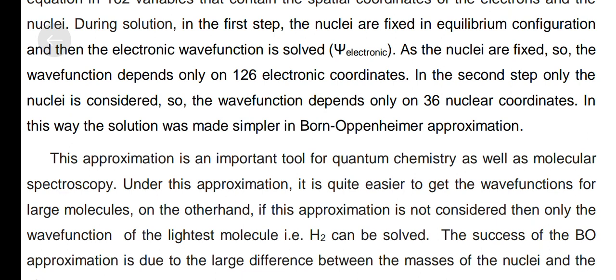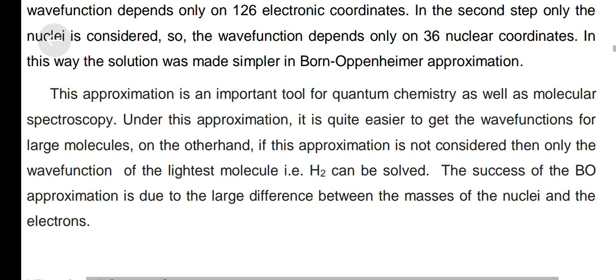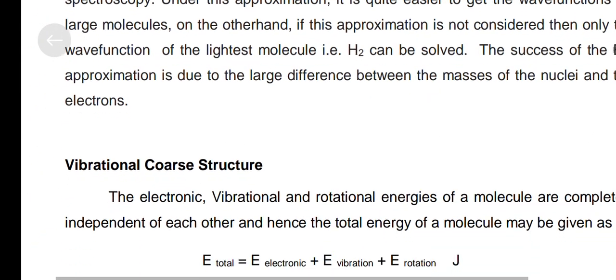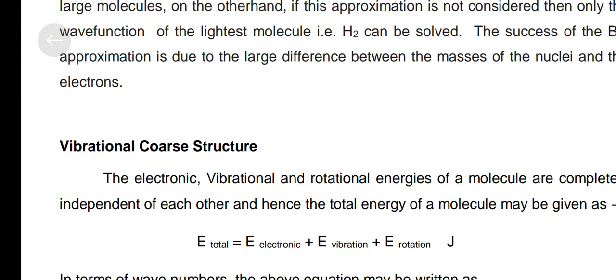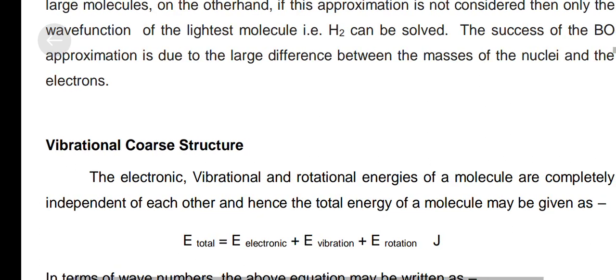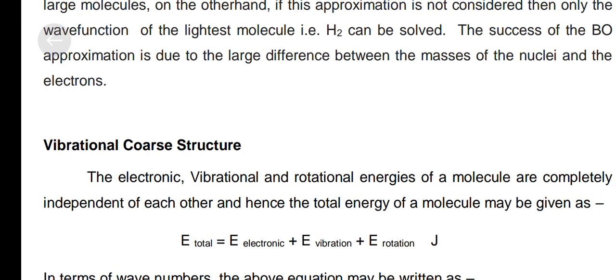The success of the Born-Oppenheimer approximation is due to the large difference between the masses of the nuclei and the electrons.